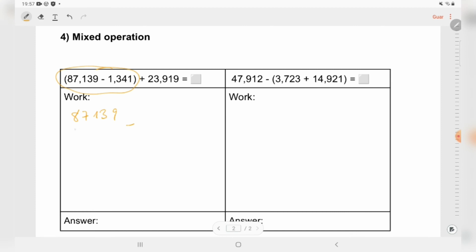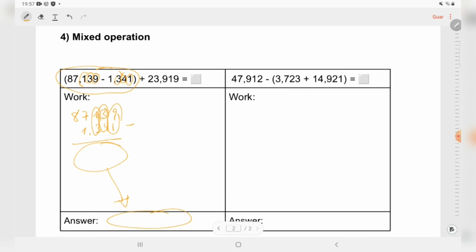So the first operation inside the brackets, in this case, is 87,139 minus 1,341. Don't forget to write the numbers in the same place, or also in vertical form. See 9 and 1, 1's place, 4 and 3, 10's place, 3 and 1, 100's place. And now you work out the answer, then you can write the answer here one more time.